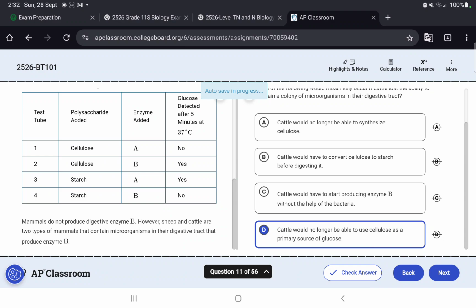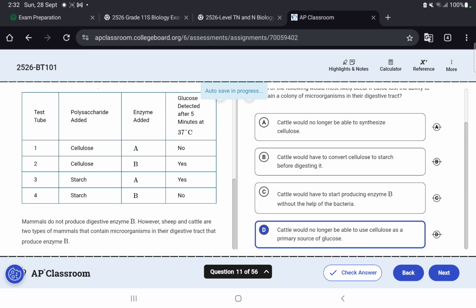Why? Because if we don't have enzyme B, that means that cellulose would just stay cellulose. We can't use cellulose as a source of energy. We can only use glucose.